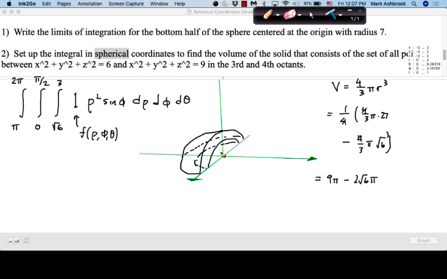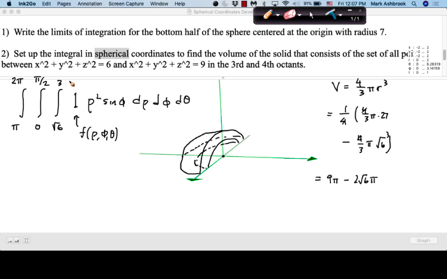Rho goes from radical 6 to 3, so out from the origin, and then phi goes from 0 to pi over 2. And then theta goes from the negative x-axis around to the positive x-axis, which would be pi to 2 pi. Do you recall that? Does that make sense?